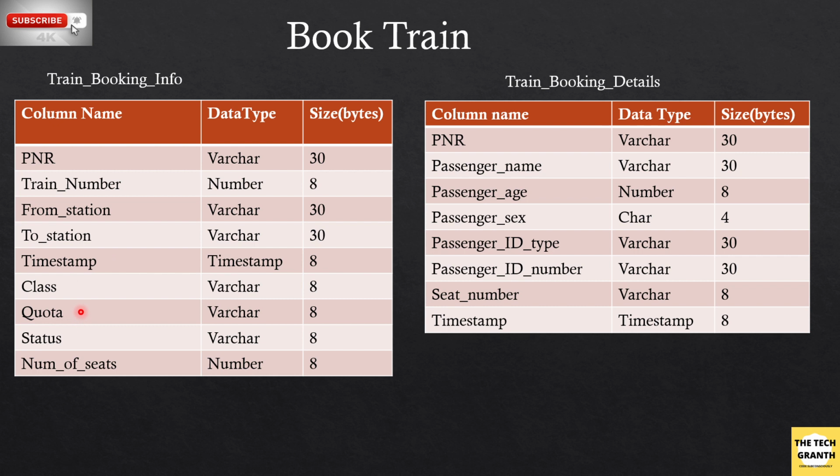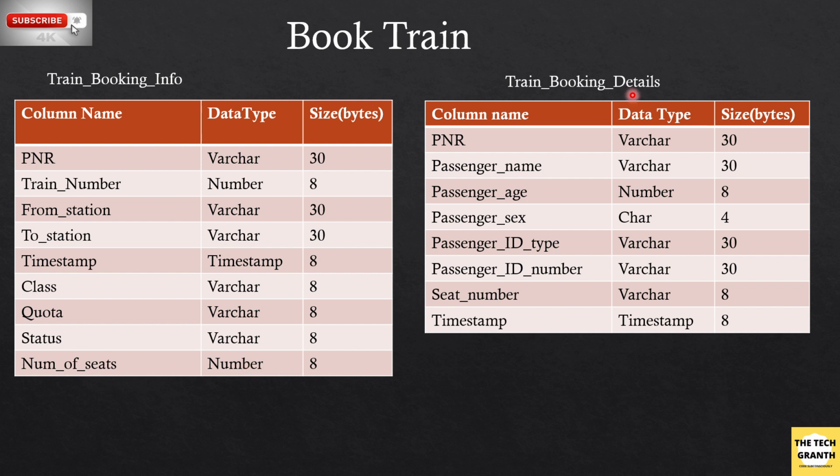That will be captured in the booking info table, and you will have a status here. What status does is tell whether the ticket is confirmed or in waitlisted state. And finally, you have the number of seats: how many seats under this PNR number are you going to book, whether a single ticket or multiple tickets.